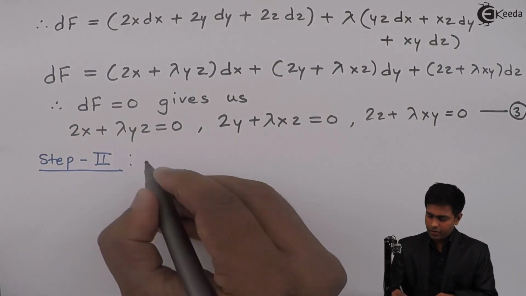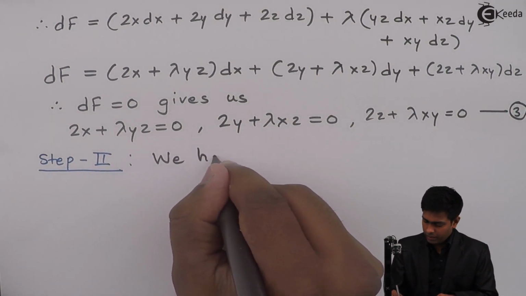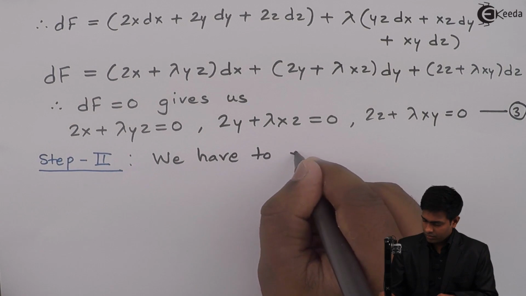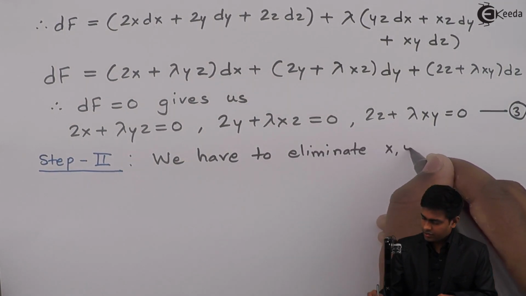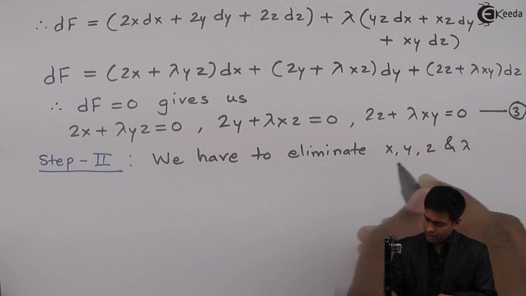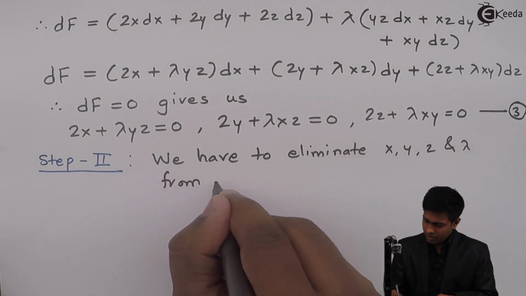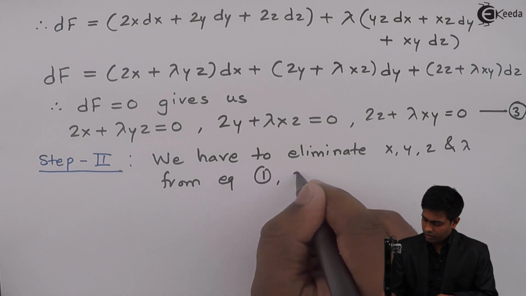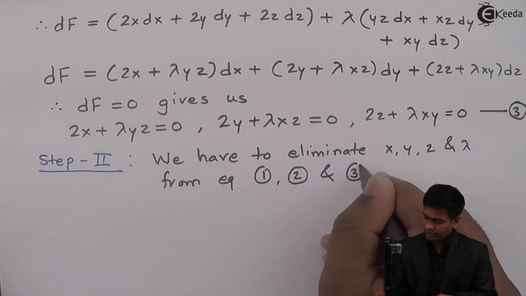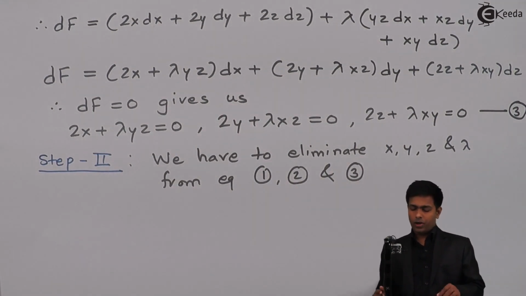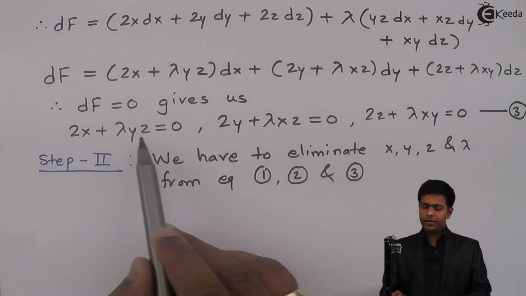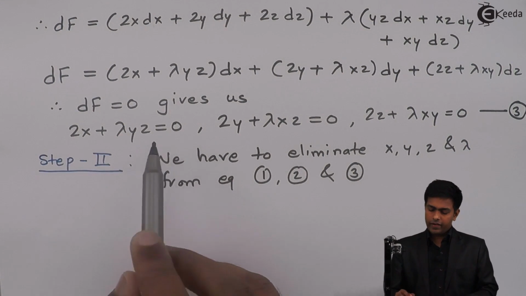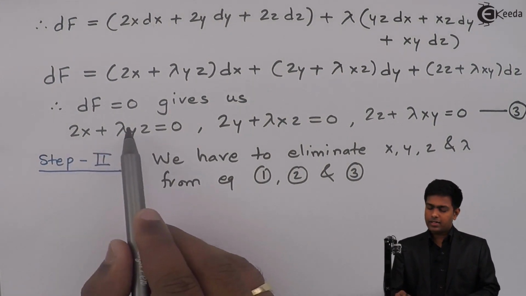Here we have to eliminate x, y, z and lambda from equations number 1, 2 and 3. So now let's observe equations number 1, 2 and 3. From 3 we can get the value of 2x as minus lambda yz.